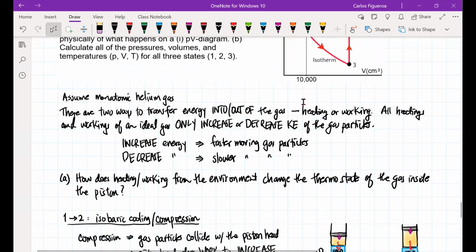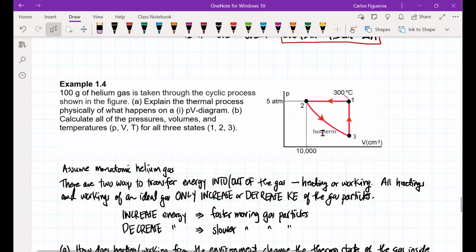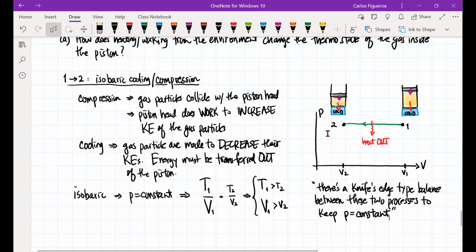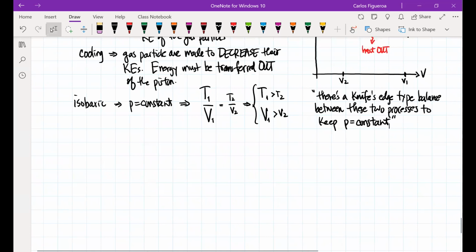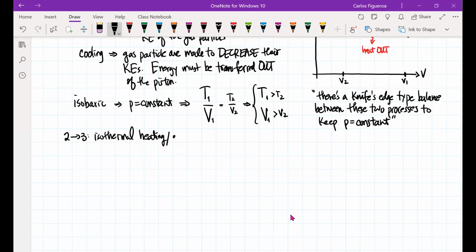So the second one, we're going from 2 to 3, and we're moving along an isotherm. So here we go. If I have an isotherm, then the process looks something like this. So now I'm going from 2 to 3, and this is isothermal heating/expansion.